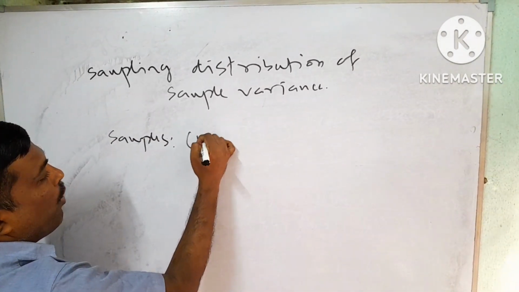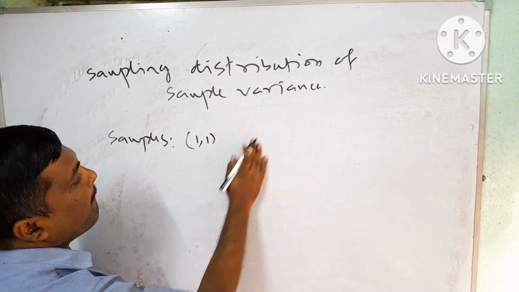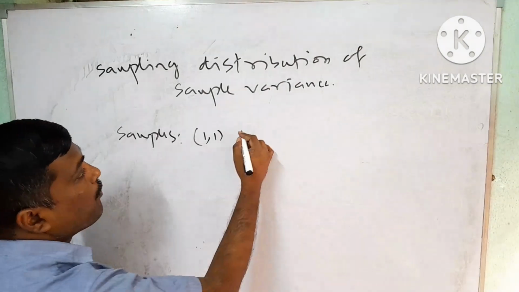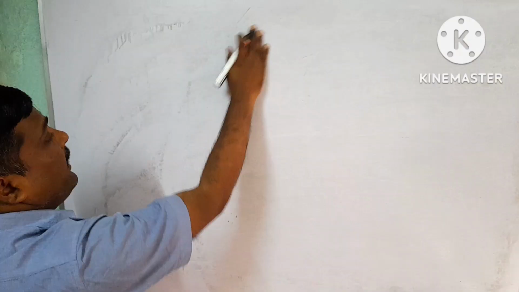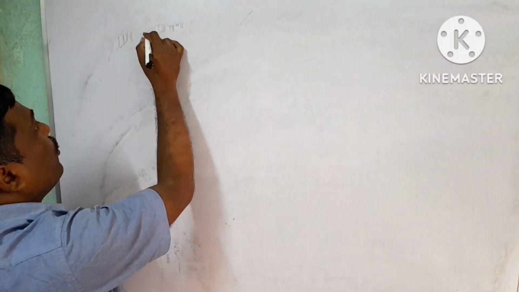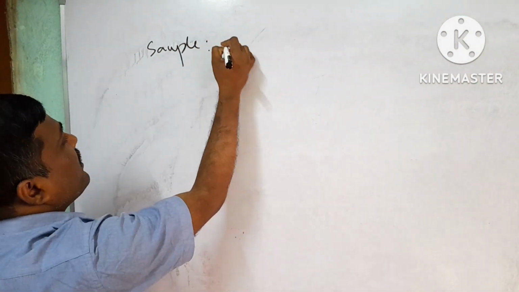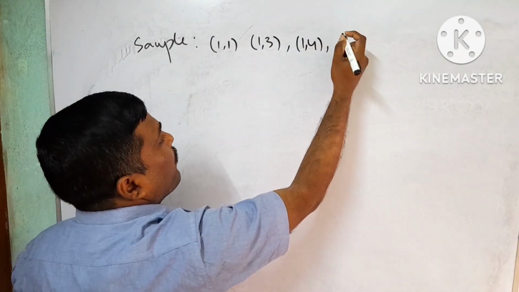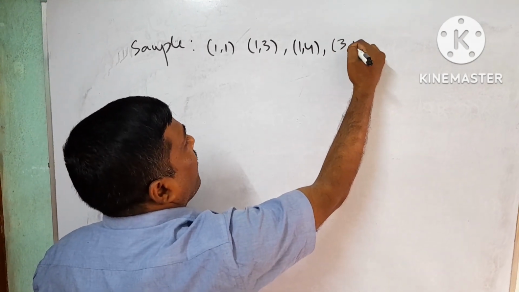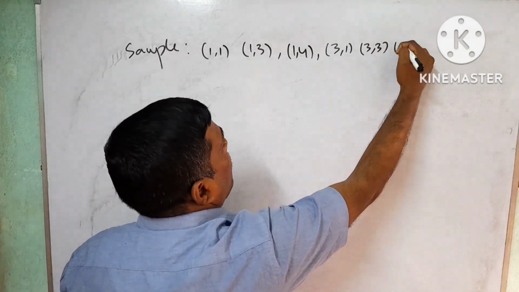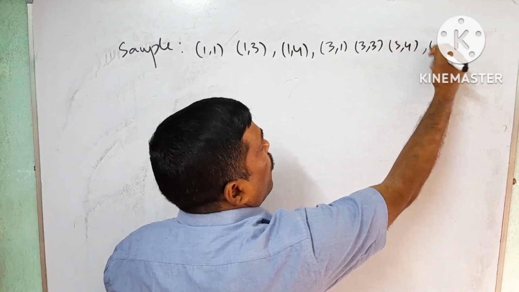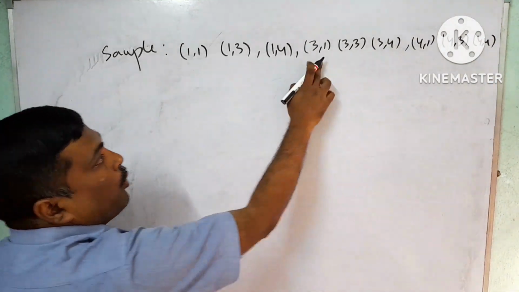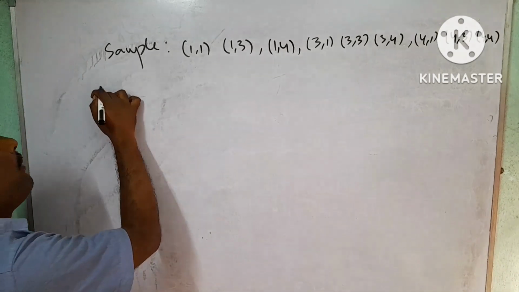The samples are 11, 13, 14, 31, 33, 34, 41, 43, 44. These are the 9 samples, and we calculate the variance of each sample.